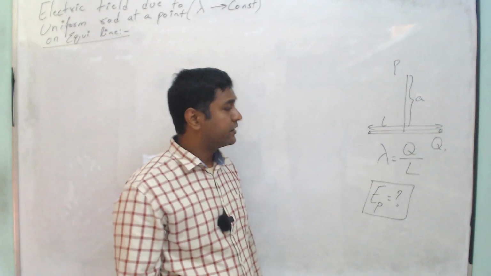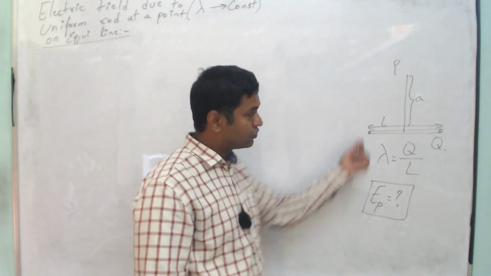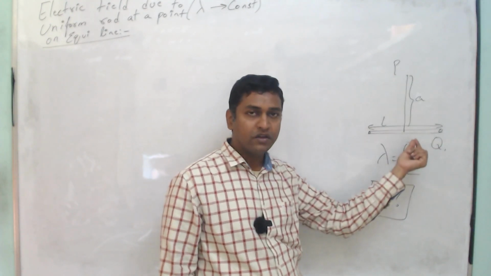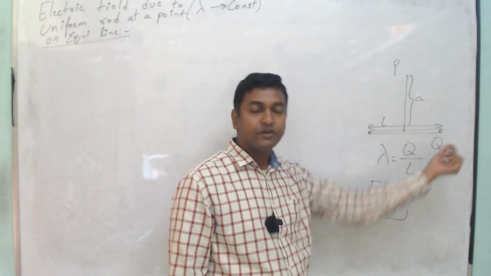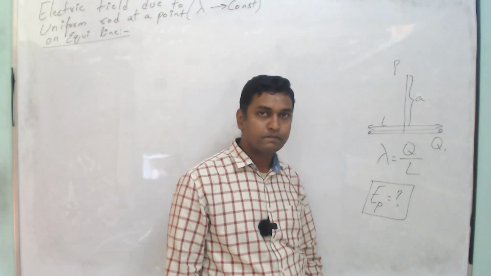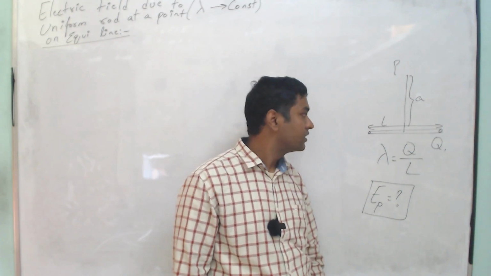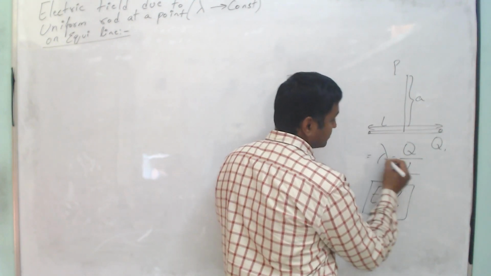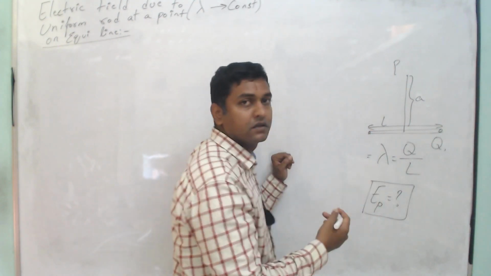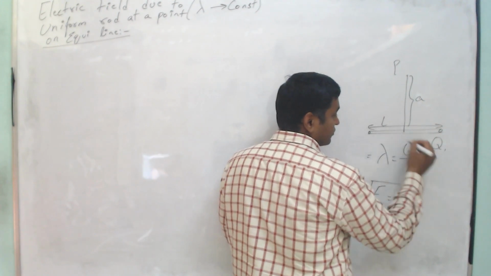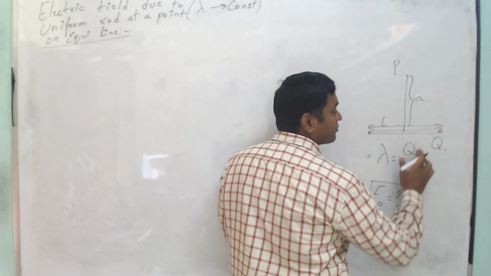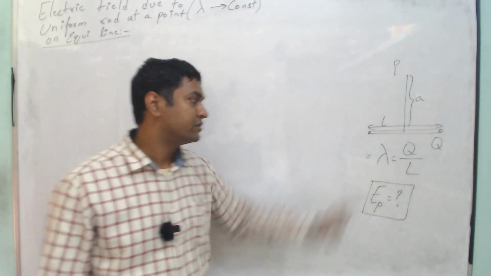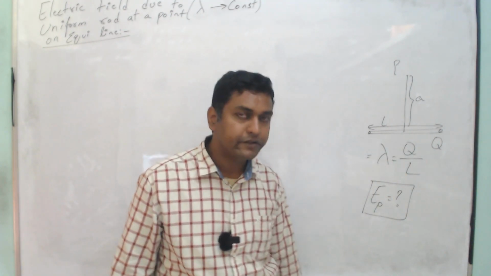So electric field due to this rod at a distance of a from the midpoint, and this line is perpendicular to the rod. Correct? And lambda is basically charge per unit length. So because it's a uniform rod, I can write it as total charge Q divided by the total length L. Clear?